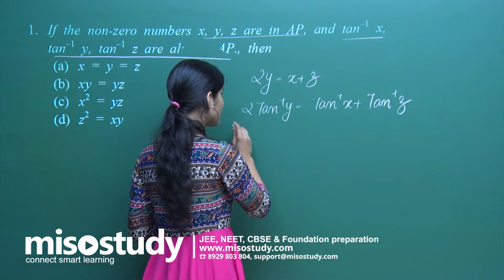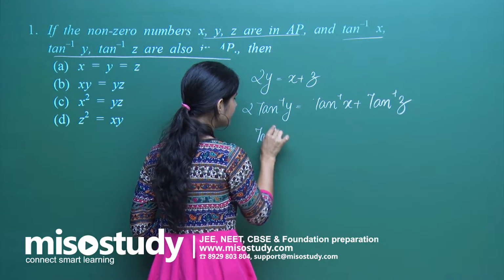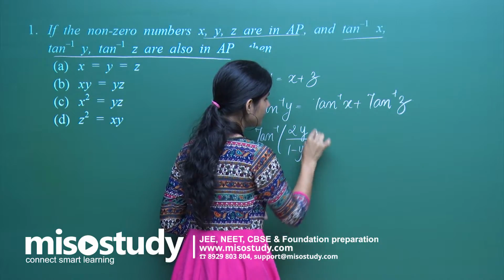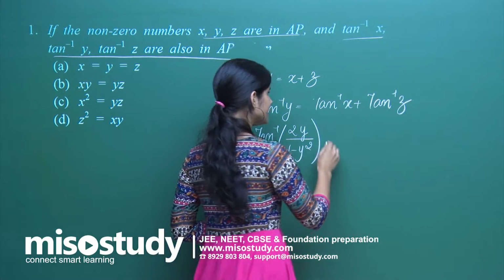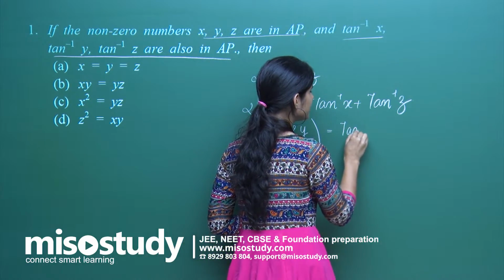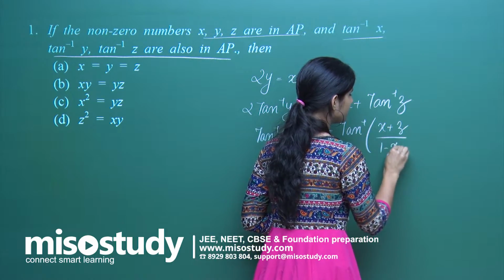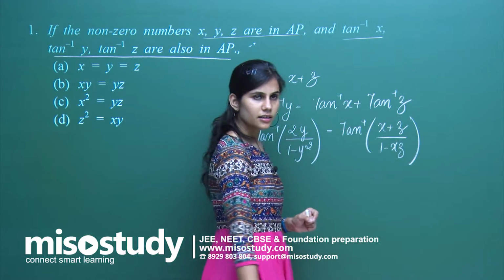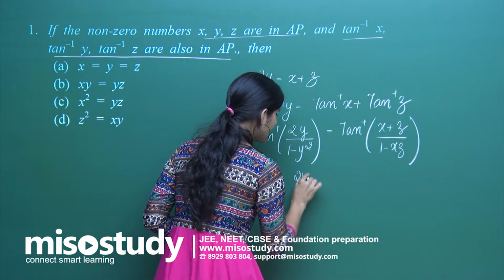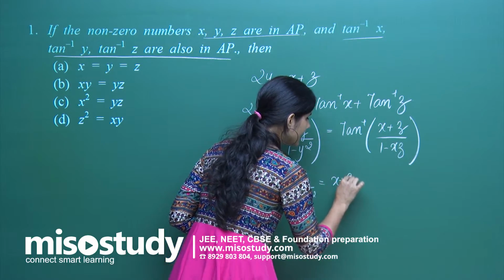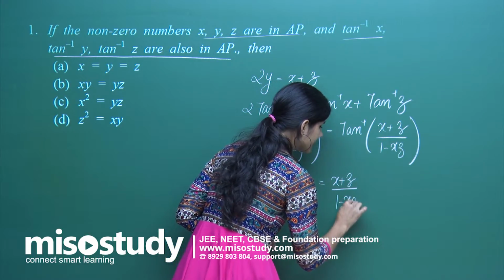Right? Twice of tan inverse y means tan inverse of 2y upon 1 minus y square. Right? Tan inverse x plus tan inverse z means tan inverse of x plus z upon 1 minus xz. If these two things are equal, that means their arguments are same. 2y upon 1 minus y square equals x plus z upon 1 minus xz.